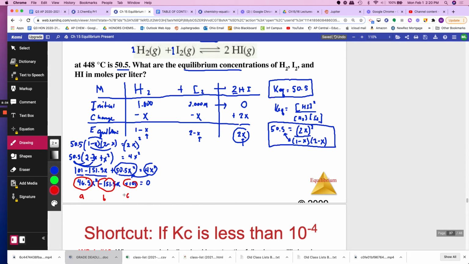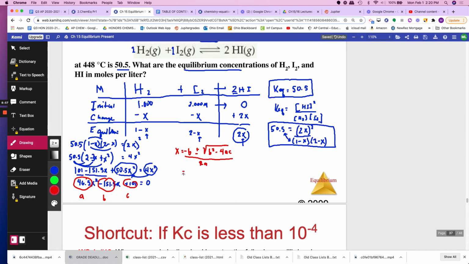Okay, so now the formula is x equals negative b plus or minus the square root of b squared minus 4ac, all over 2a. Again, you can use your graphing calculator if you need to plug it in there.